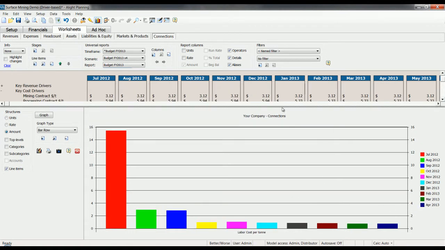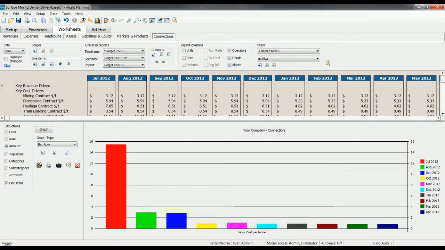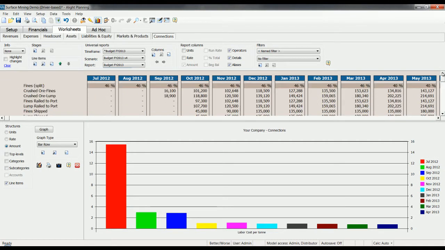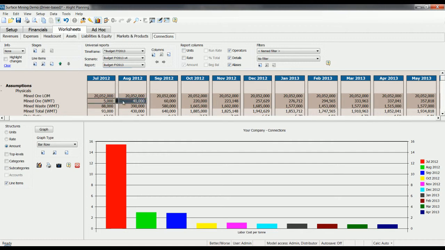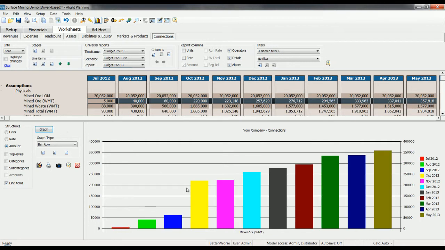You can in fact graph any series of values in your Alight model very quickly. For example, if I want to graph my mined ore to see a visual representation of my ramp up for the first 9 months of the year, I just select my mined ore values, click on graph, and immediately the context of my graph changes. Now I can see my mined ore trending over time.